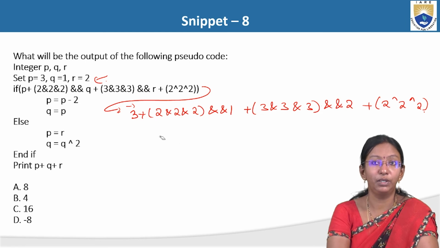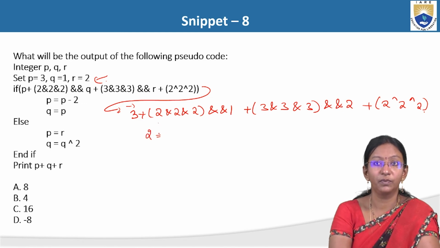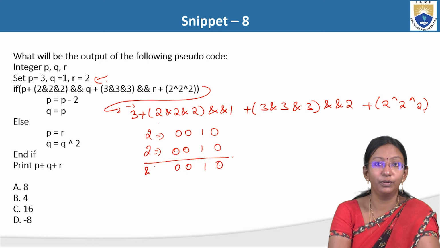It is a bitwise AND, right? What is the bit value of 2? It is 0, 0, 1, 0. And another 2, 0, 0, 1, 0. So it will be 0, 0, 1, 0. 2 only, if you go for bitwise AND.